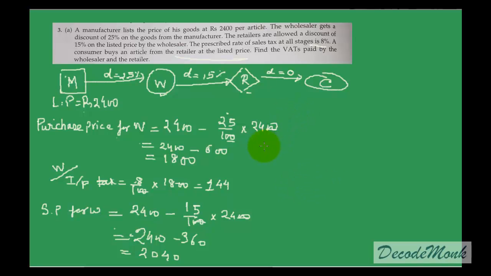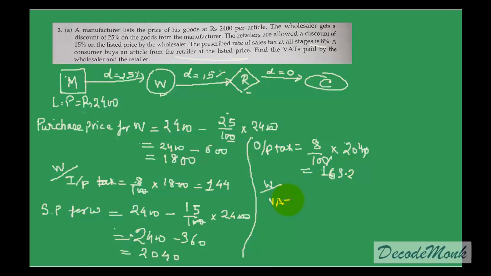Now we will calculate the output tax, which will be equal to 8% of the selling price, that is 2040. It will give you rupees 163.2. So with respect to the wholesaler, VAT paid is equal to output tax minus input tax.